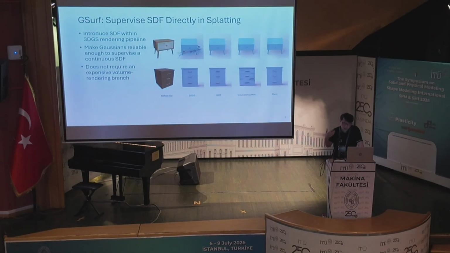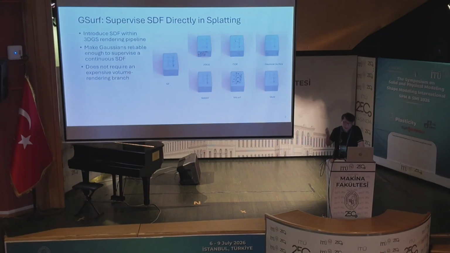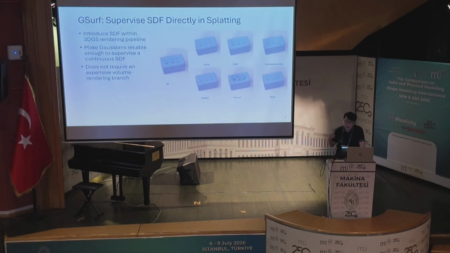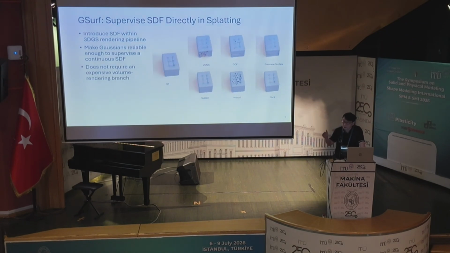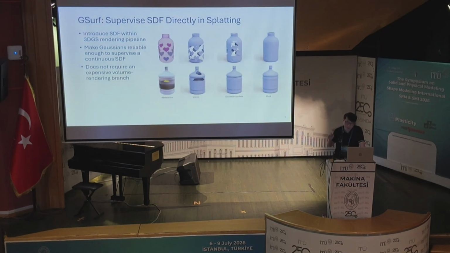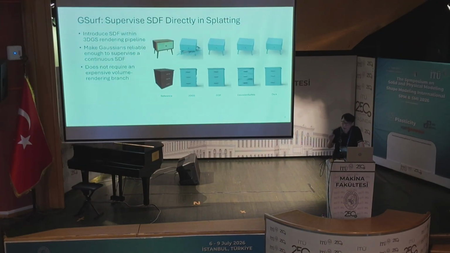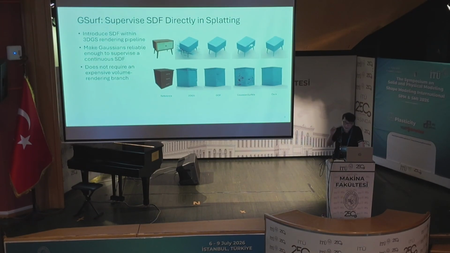Imagine if the Gaussians are not of high quality, they're noisy, they are semi-transparent, or they just float away from the surface. Then these Gaussians actually provide very bad supervision, which can mislead SDF learning. So the main goal for GSurf is to make these Gaussians reliable enough so that they can act as surface anchors.